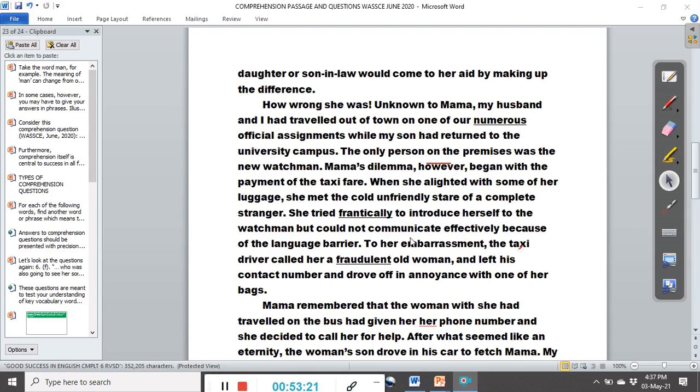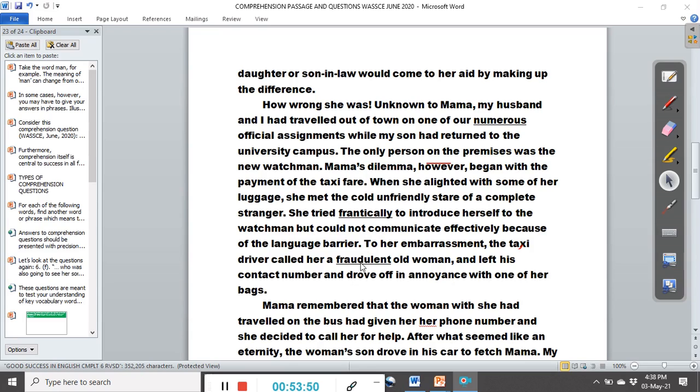She was trying to discuss with the watchman to see if she could get the money to complete the fare. She had expected that on arrival, her daughter or her son-in-law was going to pay the fare. But getting there, she discovered they were not at home, and she had no way to pay the money. So it is all about her inability to pay the fare.